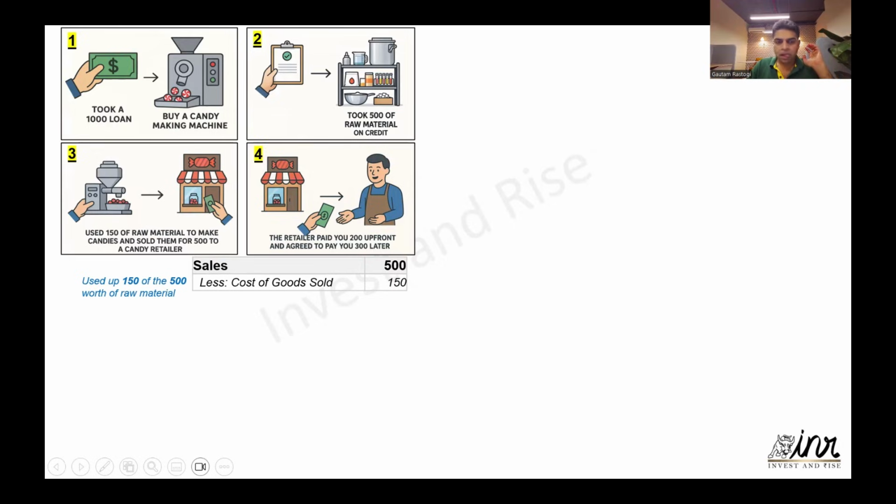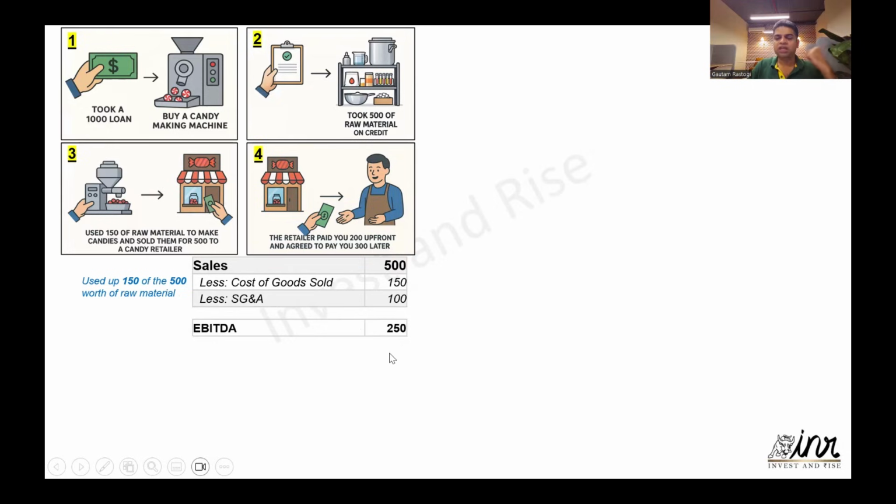And let's say you also had a fixed expense of 100 rupees. So your total profitability, which is called EBITDA or operating profit, is 250. Hope this is clear why cost of goods sold is 150: because you used 150 of the 500 worth of raw material.